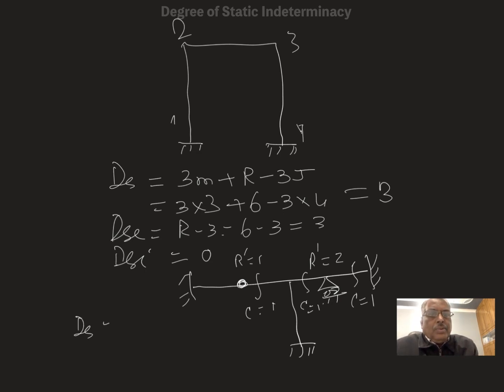So ds will be 3c minus r dash by Henderson: 3 into 3 minus 3. So it is coming as 6.